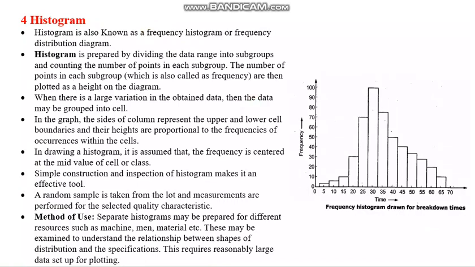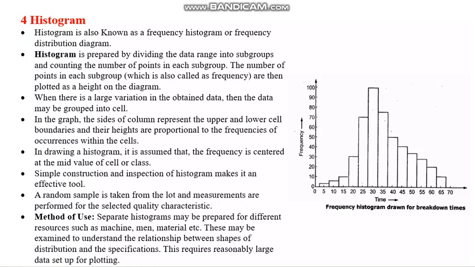Now, histogram, you may have studied in your schools. A histogram is also known as a frequency histogram or frequency distribution diagram. A histogram is prepared by dividing the data range into subgroups and counting the number of points in each subgroup. You can say 0 to 10 is one group, or one class, 10 to 20 another group, 20 to 30 another group, like that.